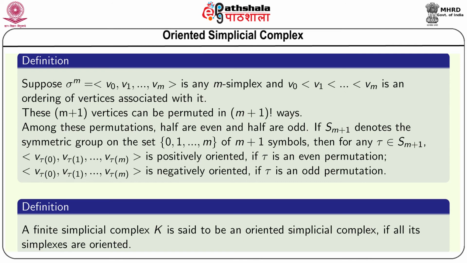If S sub m plus 1 denotes the symmetric group on the set 0 to m of m plus 1 symbols, then for any tau belonging to S sub m plus 1, the simplex V tau 0, V tau 1 up to V tau m is positively oriented if tau is an even permutation, and V tau 0, V tau 1 up to V tau m is negatively oriented if tau is an odd permutation.